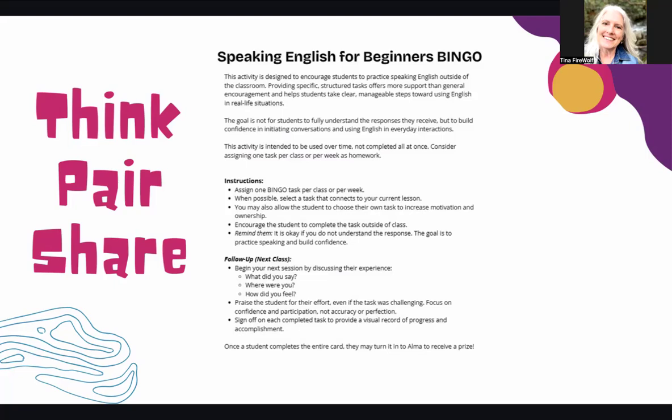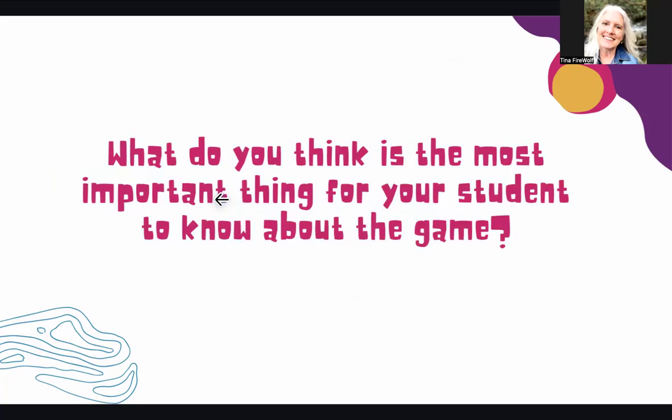You are going to keep the card and you're assigning a bingo task per week. If it's possible, you can let them select a task. Perhaps they look at the bingo card and see something. Let me show you the card here.